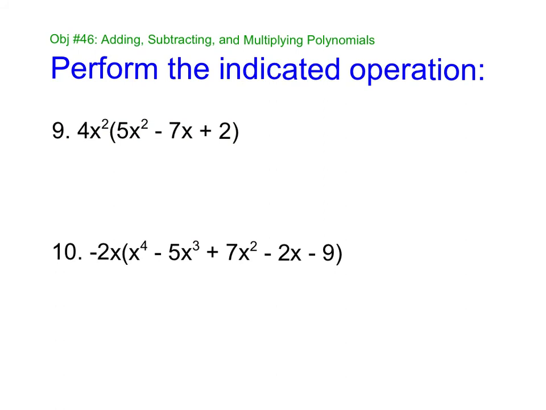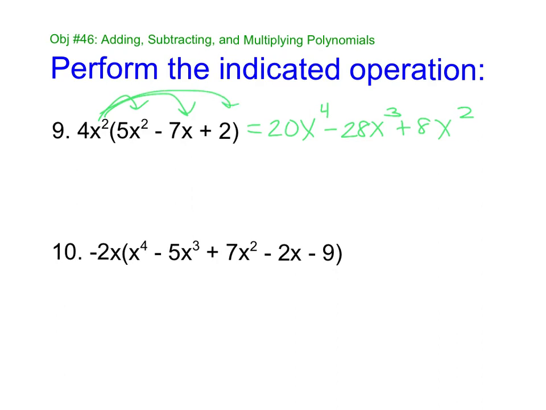Right? Again, nothing new here. Just distribute. There's only one set of parentheses, so distribute and go through. What do you get? All right, so we multiply our coefficients, and when we multiply, we add our exponents. So 20x to the 4th minus 28x cubed plus 8x squared.